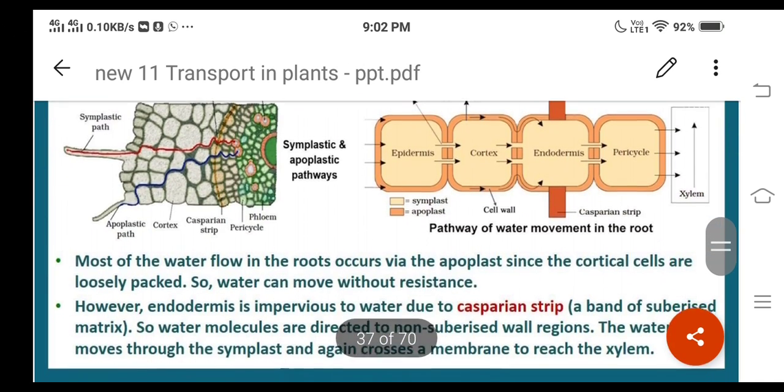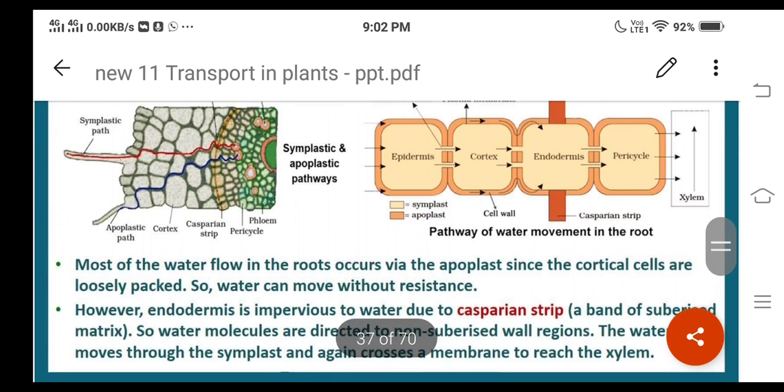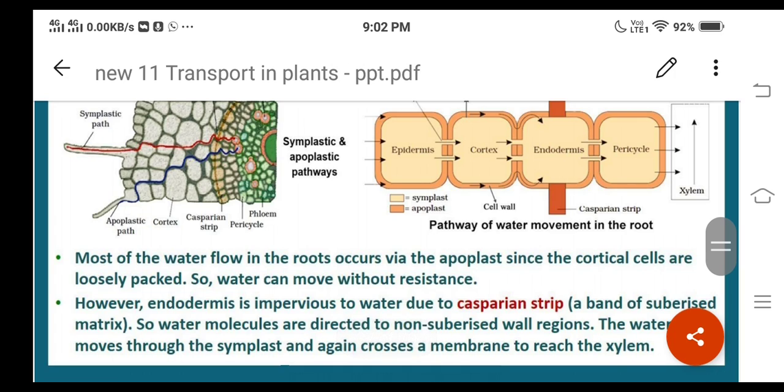But when we compare both absorption mechanisms, apoplast and symplast, normally most of the water flow in the roots occurs through the apoplast, since the cortical cells are loosely packed. It means that the majority of the water flow in the roots occurs through the apoplast since the cortical cells are loosely packed.